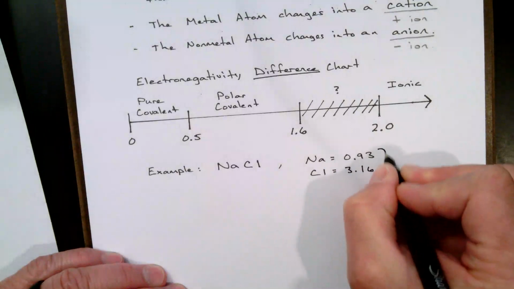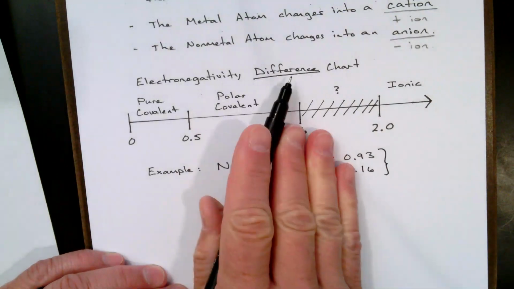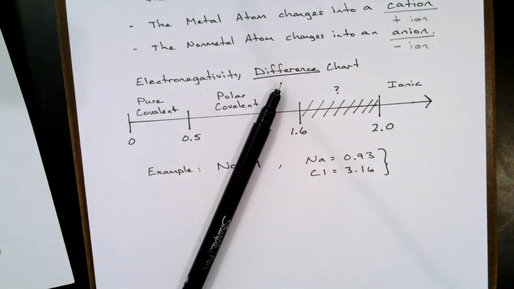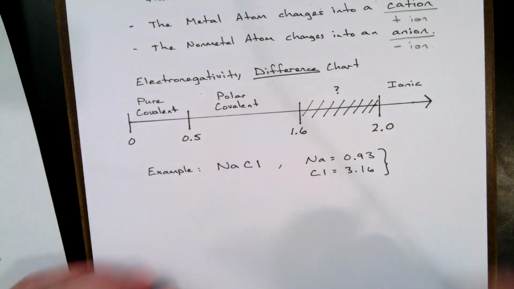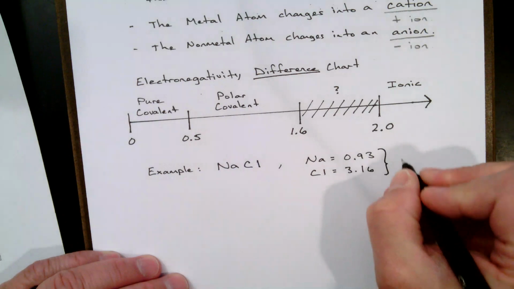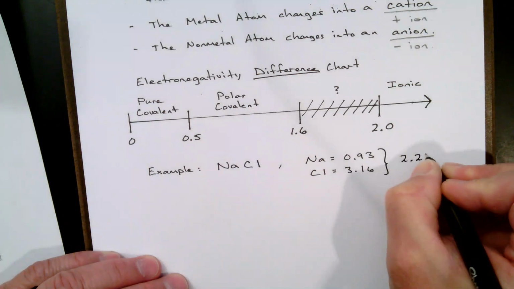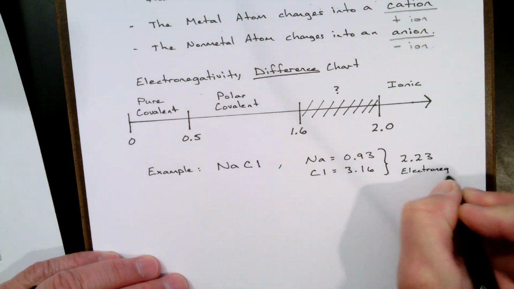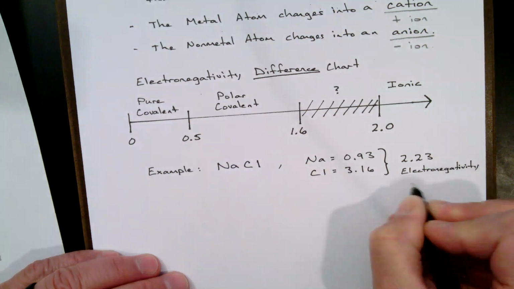We are not looking at their values of electronegativity, but specifically at the difference. So we take our 3.16 and subtract 0.93, and the difference in electronegativity is 2.23.